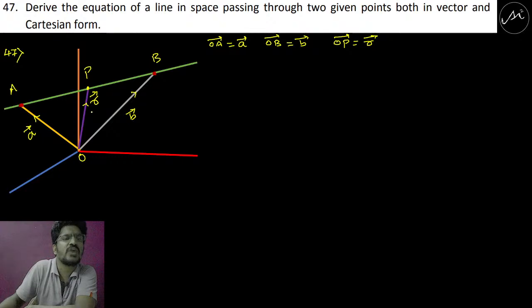So clearly you can see here two vectors, vector AP and vector AB.